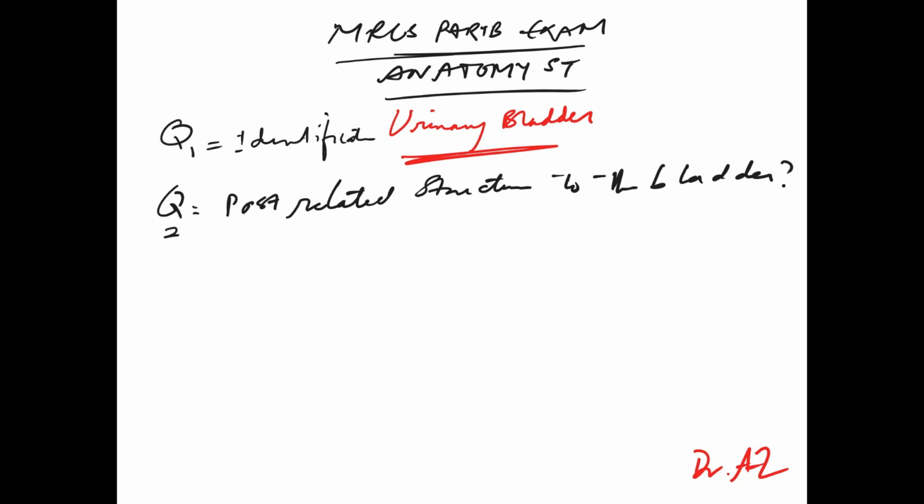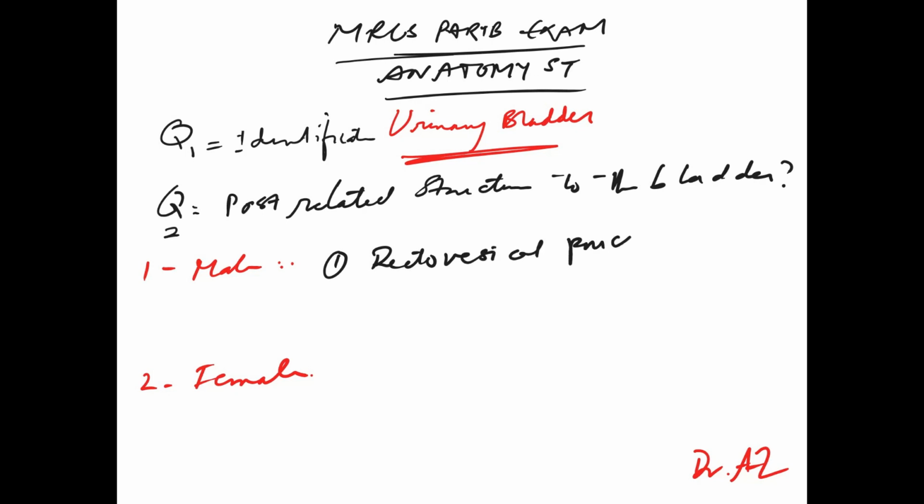The first part is for the male and the second part is for the female. In the male, you know that posterior to the bladder is the rectum directly. Between them there is a pouch, number 1, the recto-vesical pouch.